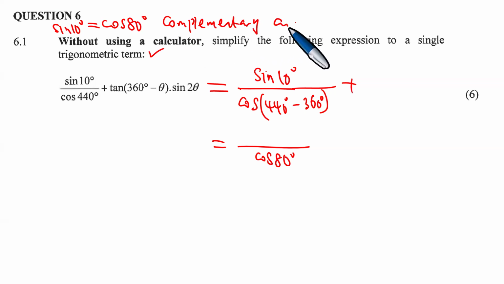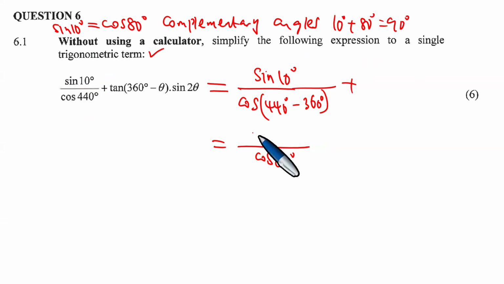Complementary angles are those angles whose sum is 90 degrees.